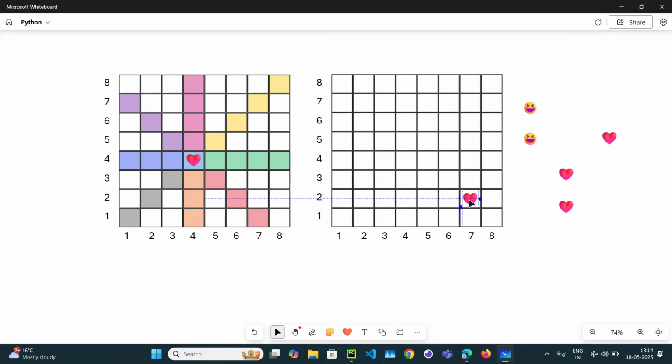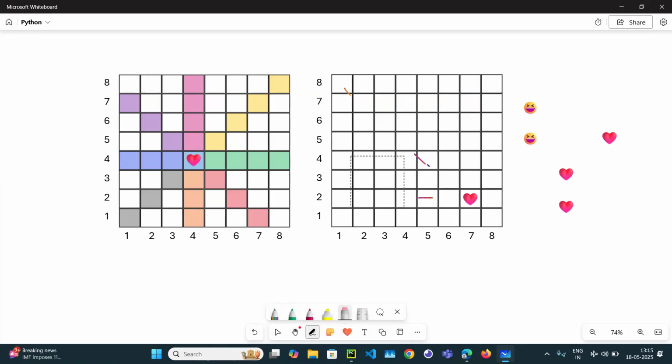So let me put it here. Queen can attack one, two, three, four, five, six positions. One, two, three, four, five, six. So the minimum of this will automatically come as six only.